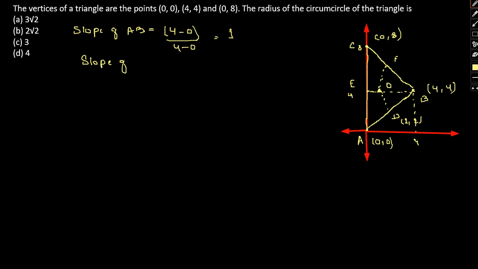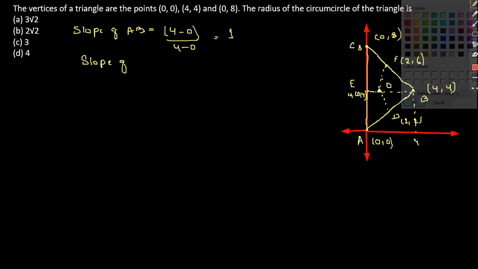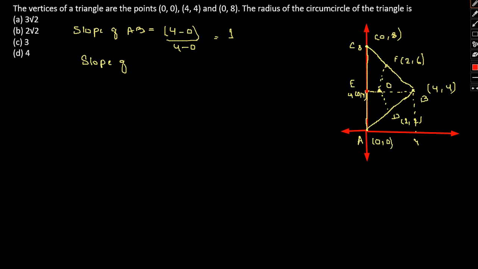This will be (0,4). And for F, again we'll have another point like this: (0,4), but for that it is (2,6). This is point F. Let me highlight all the points first: E, D and F. And this is point O.